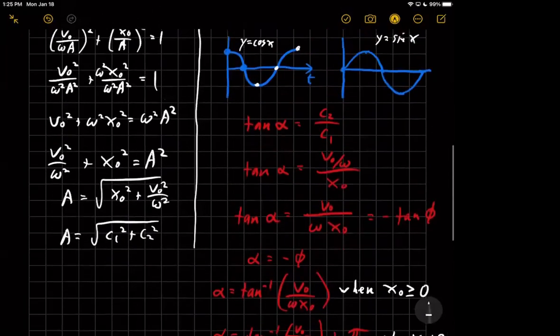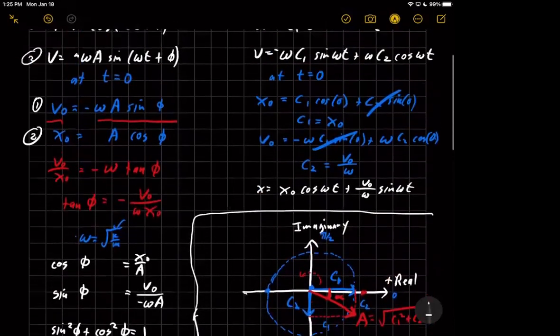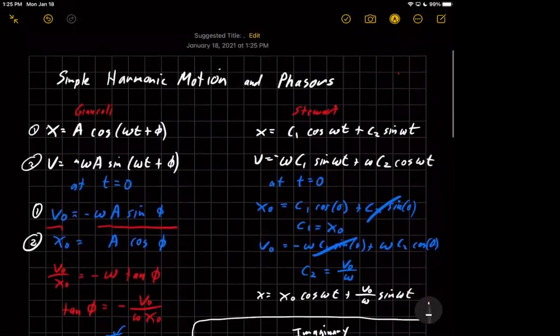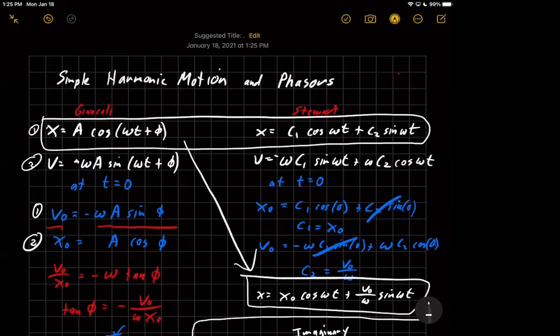Now, let's summarize all that we just did. What we're trying to do is show that this equation and this equation, let me actually relate those, are in fact the same thing.